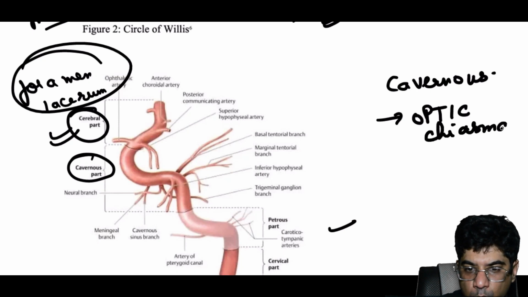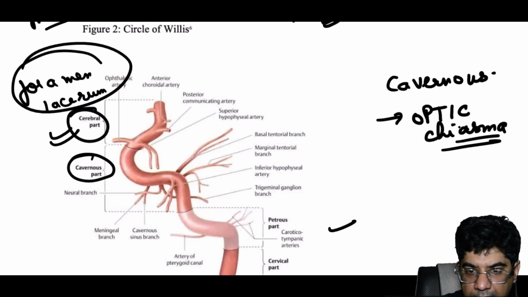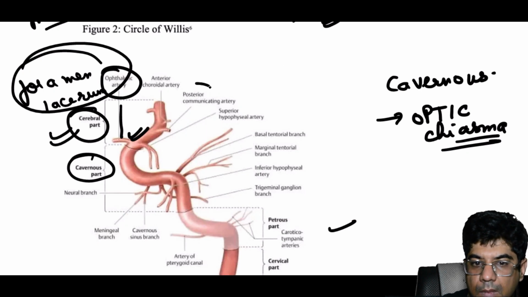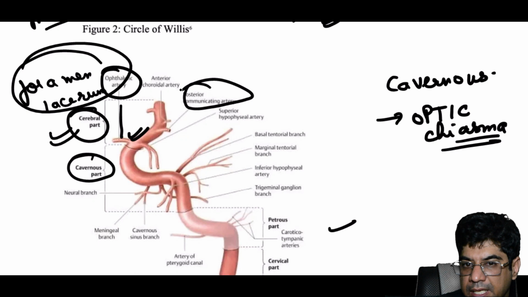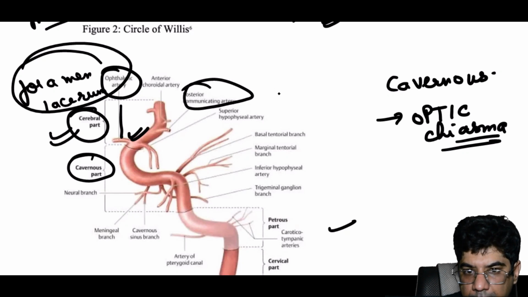and it divides into two branches, the middle cerebral artery and the anterior cerebral artery. Remember the ophthalmic artery, it supplies the orbit, and the posterior communicating artery joins the posterior cerebral artery and helps to complete the circle of blood vessels at the base of the brain.